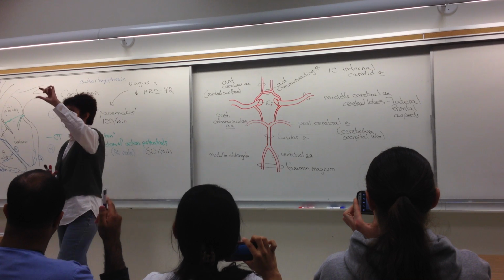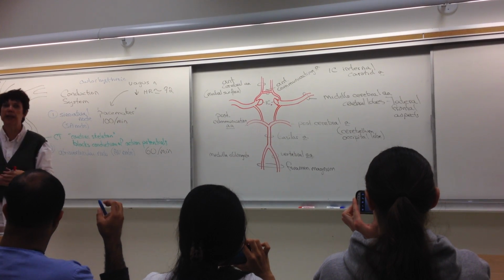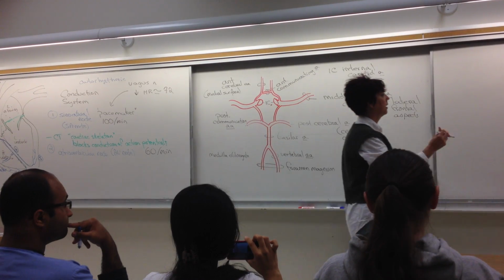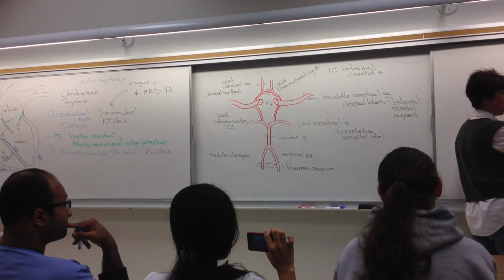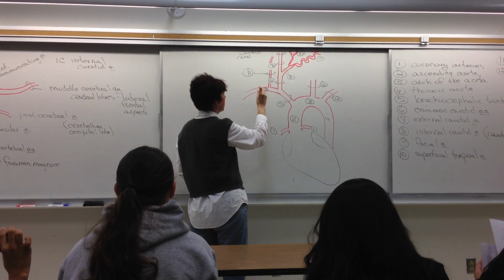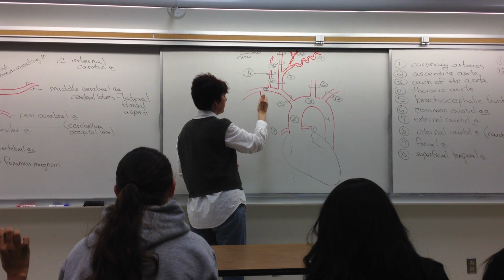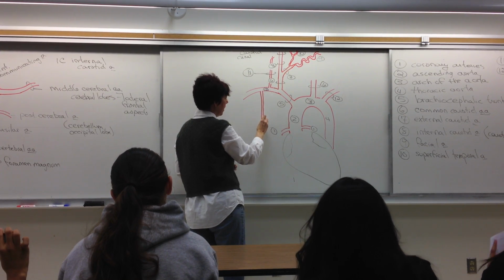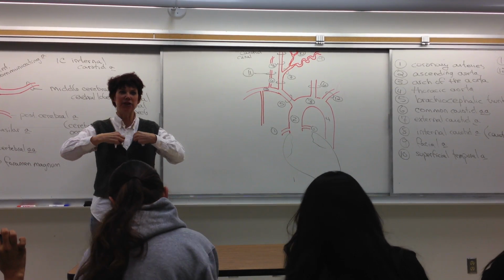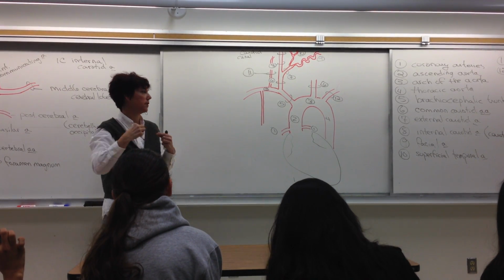Now let's continue to follow the blood through the subclavian artery. And this is not in your lab manual, but I'm going to add it here. There is a vessel that descends down the front of your chest, just a couple of inches on the deep side of your chest wall, a couple of inches lateral to the sternum.